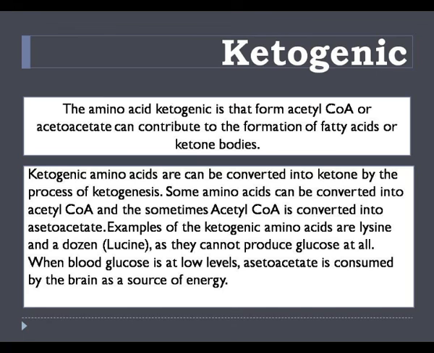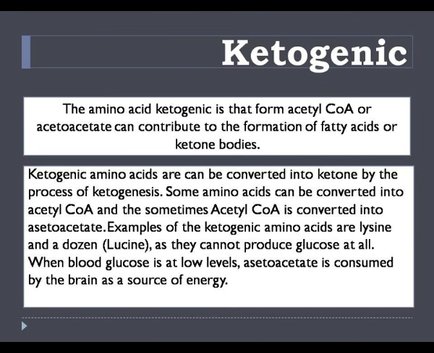Ketogenic amino acids are those degraded to acetyl-CoA or acetoacetate, which can contribute to the formation of fatty acids or ketone bodies. Also, the definition of a ketogenic amino acid is one that can be converted into ketones by the process of ketogenesis. Some amino acids can be converted into acetyl-CoA, and then sometimes acetyl-CoA is converted into acetoacetate.